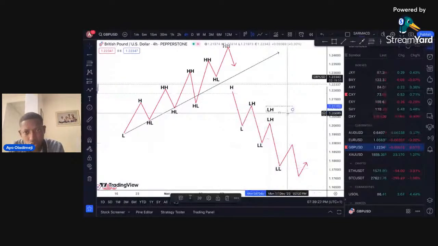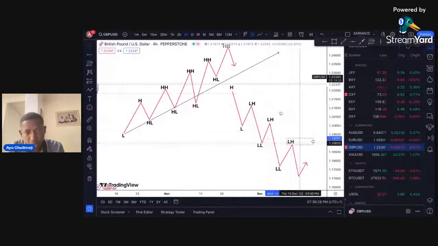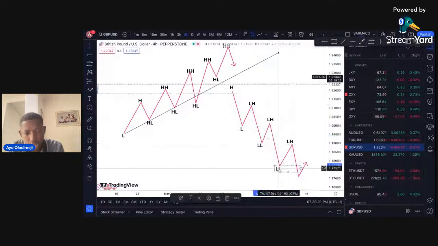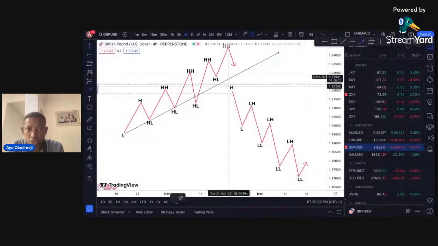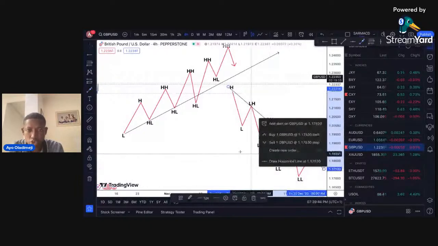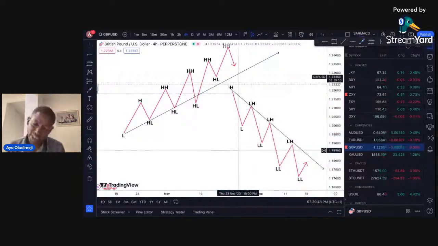Don't forget, impulse from a lower high to a lower low. That's the way you establish a downtrend. Then when you pick all the highs and you connect them, you see that the price is really indeed showing a downward trend.